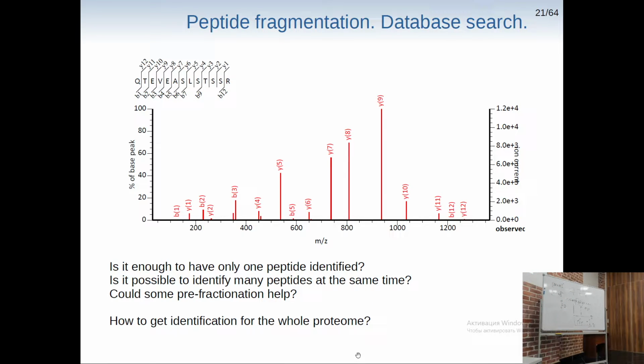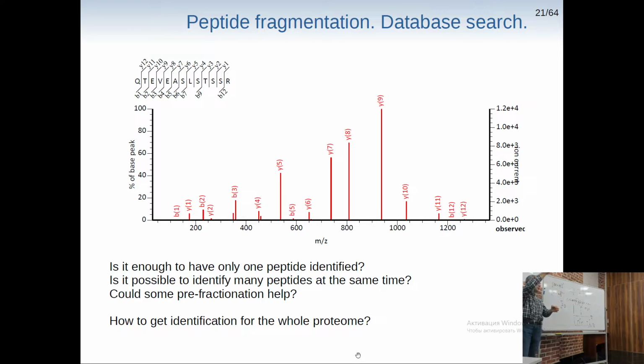Also, could some prefractionation of our protein help us in identification of some underrepresented proteins, for instance? Yes. If we have, for instance, an antibody which can capture our protein of interest or post-translational modification of our interest, we can actually make a bigger concentration of our protein of interest.